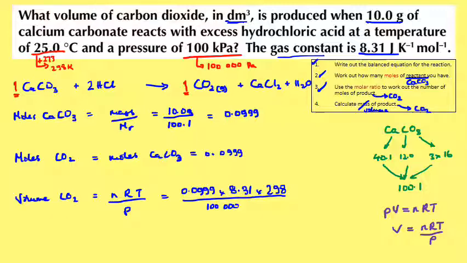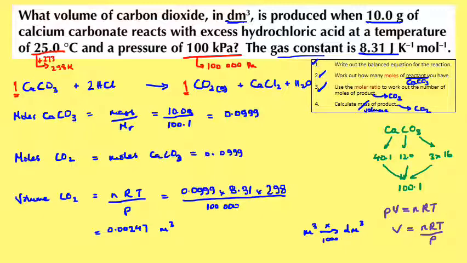Okay, the rest is easy, as they say. Just plug that in, and we get 0.00247 meters cubed. Now you may remember the relationship between meters cubed and decimeters cubed. What we do is we're going to times by 1,000, because obviously a decimeter cubed is 1,000 times smaller than a meters cubed.